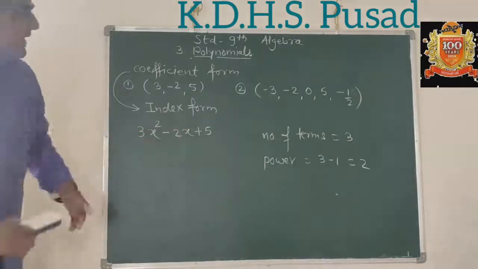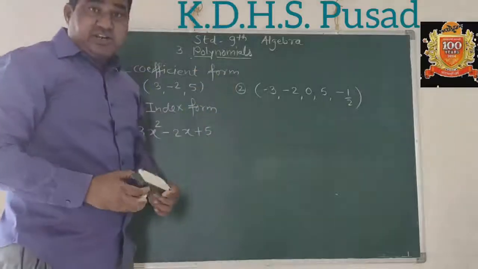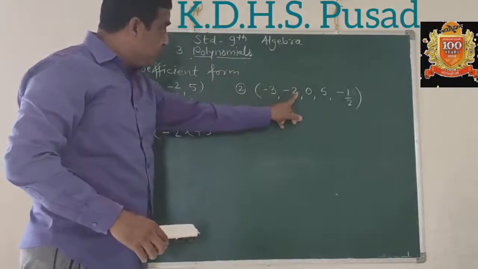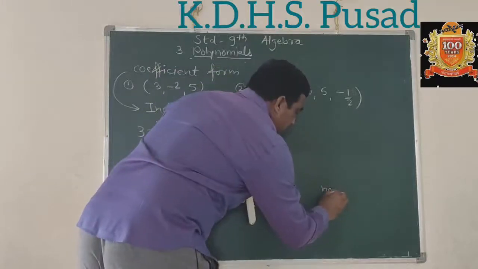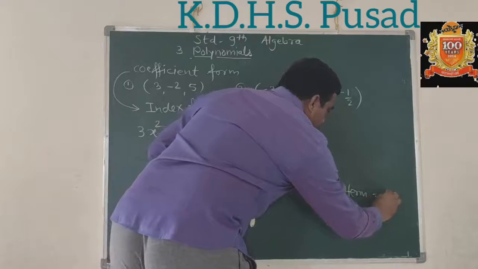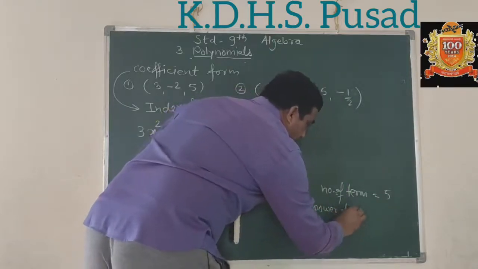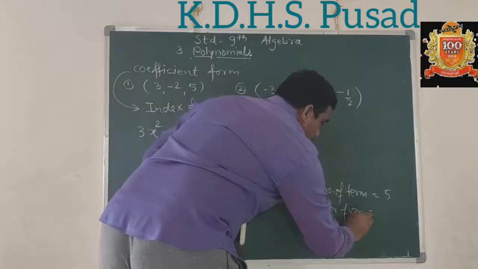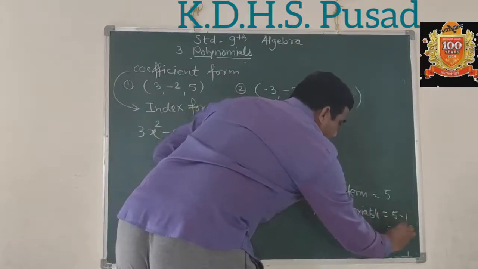Now, here the second example. Count the number of terms: 1, 2, 3, 4, 5. So the number of terms is 5. So for the power of the variable, that is 5 minus 1, that is 4.